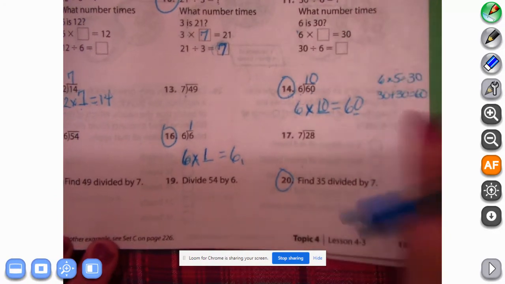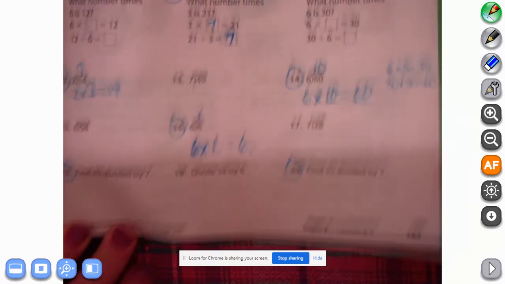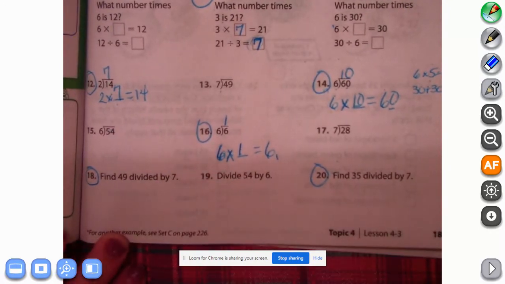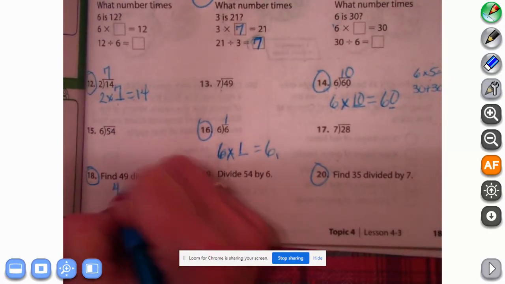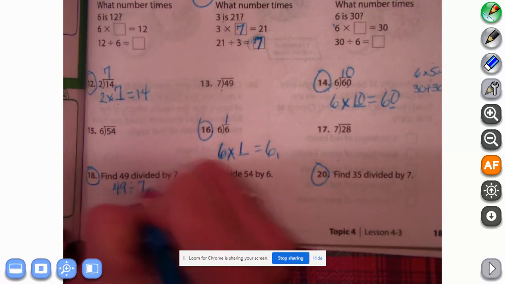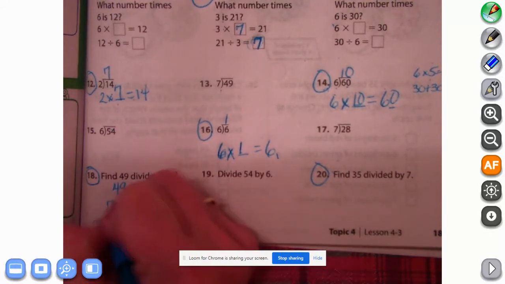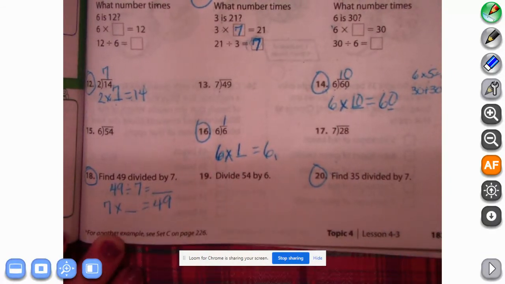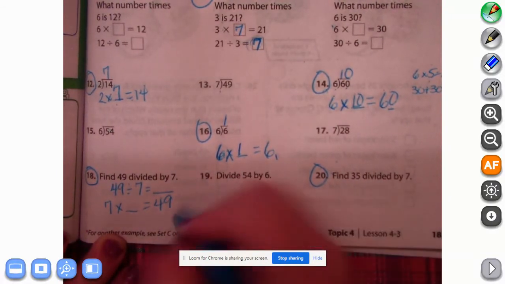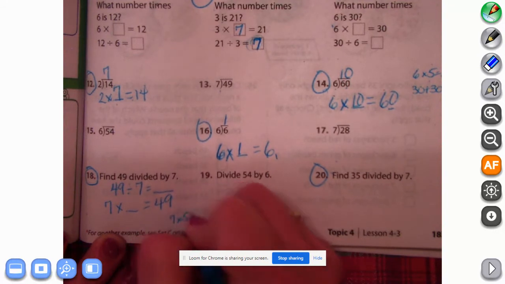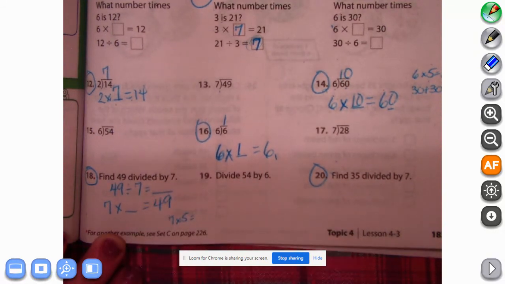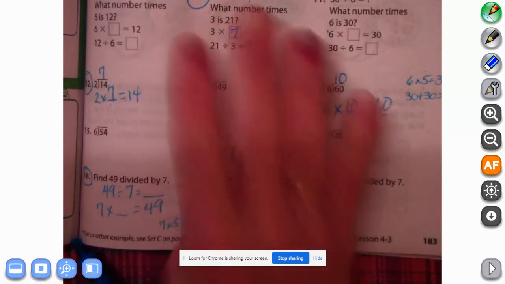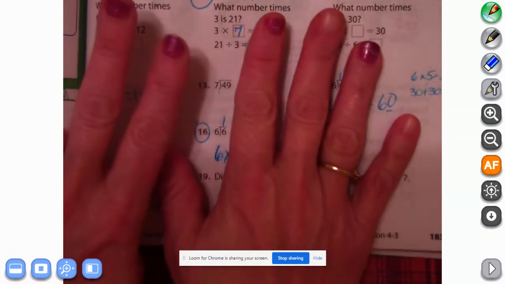All right. Pause if you need to. We're going to move on to 18. Find 49 divided by 7. Okay, 49 divided by 7, or 7 times what equals 49? Okay, we know that 7 times 5 we can do because skip counting by 5 is easy. So we can do 5, 10, 15, 20, 25, 30, 35.